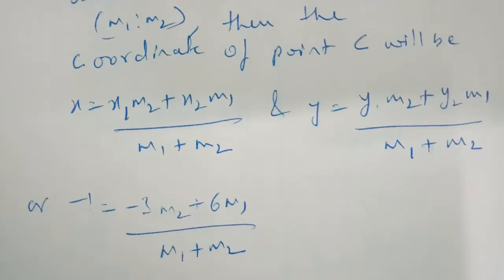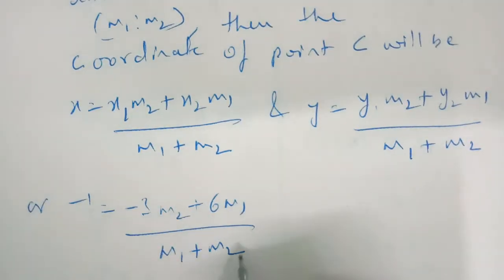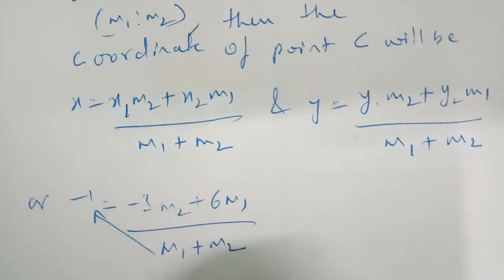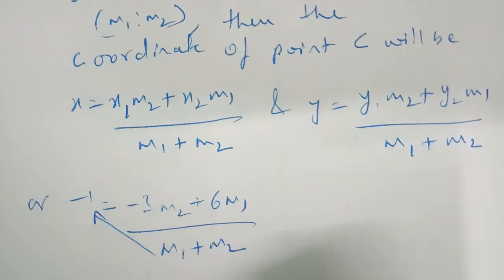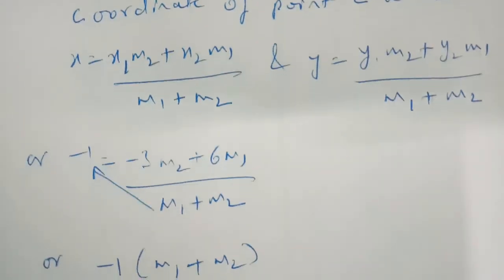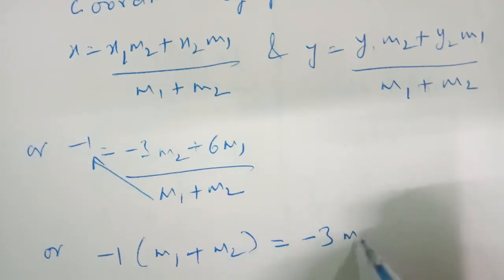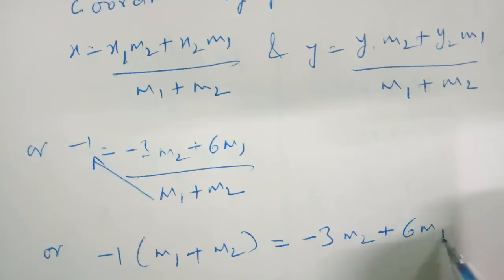Now you have to do the basic calculation. Transpose this term to the other side, so it moves to the division: -1 times (m1 plus m2) equals -3 m2 plus 6 m1.